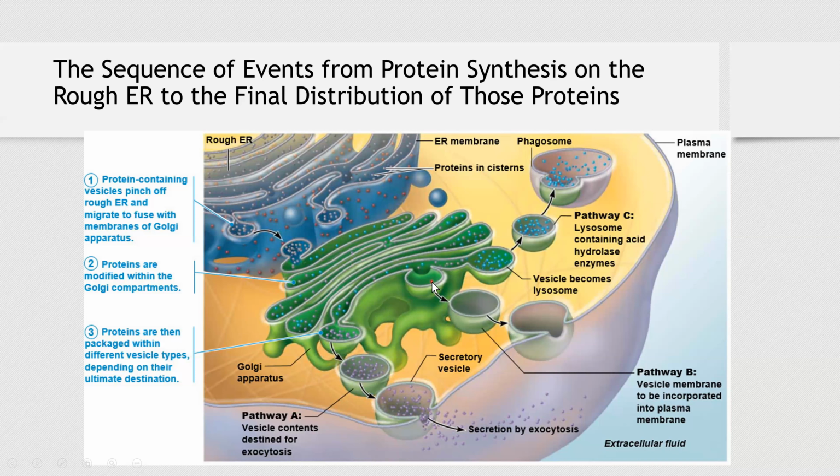And now those vesicles will have different destinies, depending on what type of protein is inside. Maybe some of these vesicles will move towards the cell membrane, fuse with it, and secrete those proteins by exocytosis. Or if we synthesize digestive enzymes, those vesicles can become a lysosome.